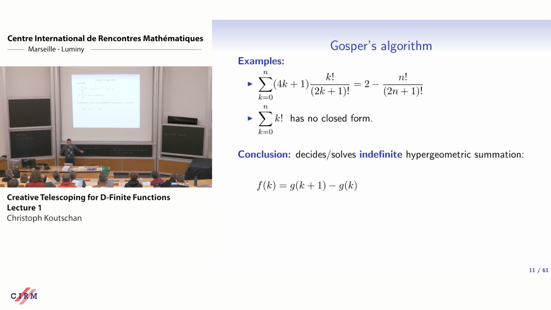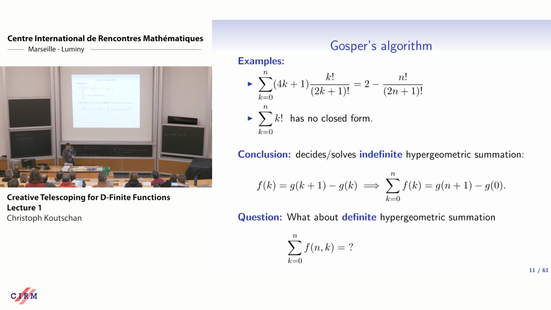Okay, so the conclusion is Gosper's algorithm decides the indefinite hypergeometric summation problem. Given f, find an antidifference g, which gives rise to an evaluation of a summation over f of k. Of course, we want to do more, and we ask, what about definite summation?